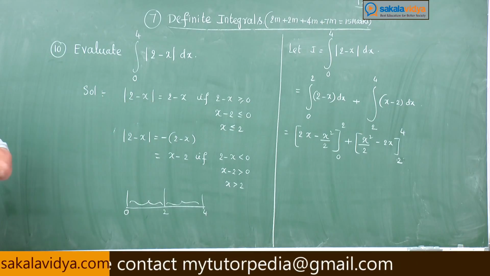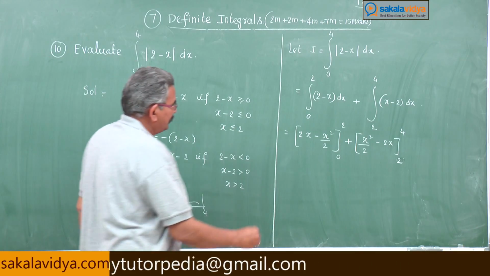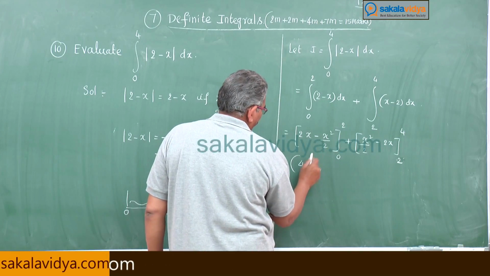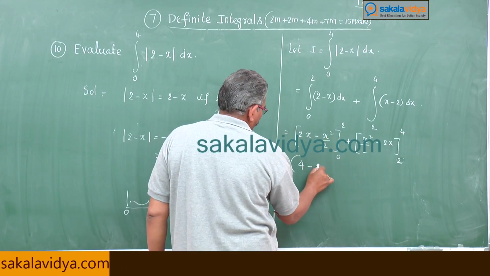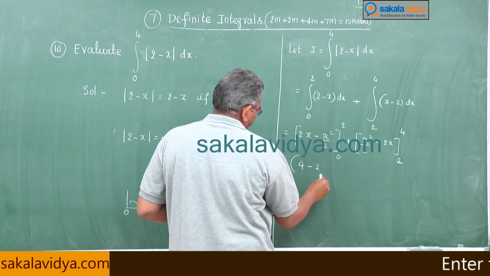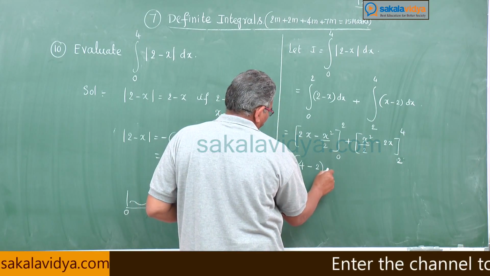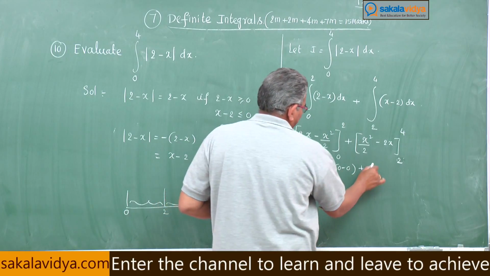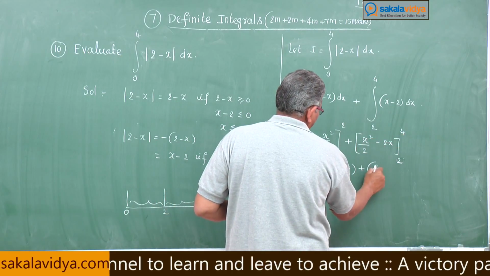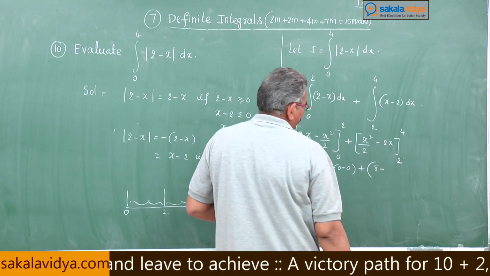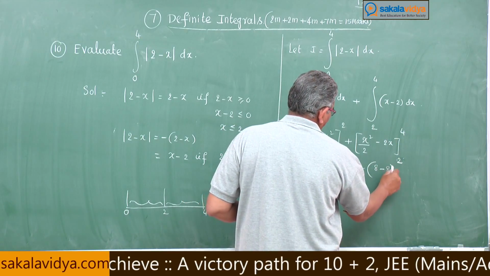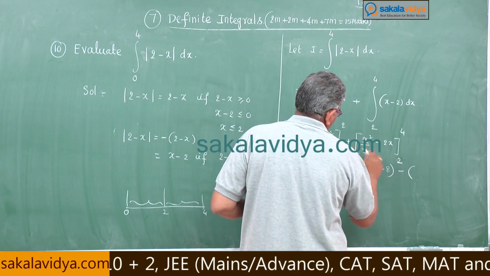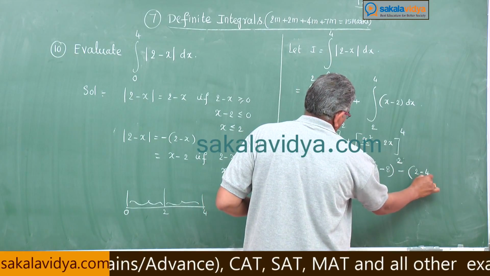Now substituting: 2 into 2 is 4, minus 4 by 2 is 2. The next limit is minus 0 minus 0, plus here 16 by 2 is 8, minus 8, and minus of 4 by 2 is 2, minus 4.